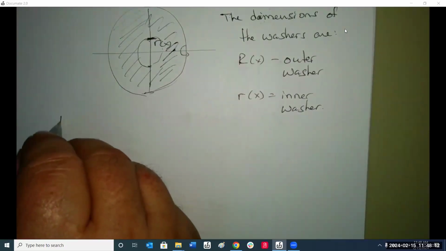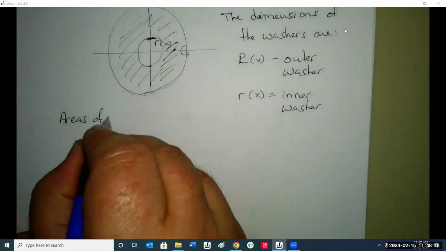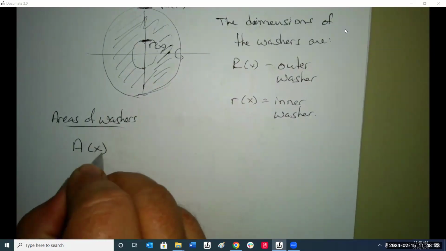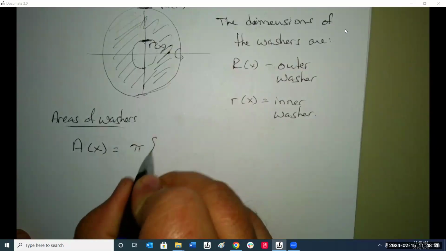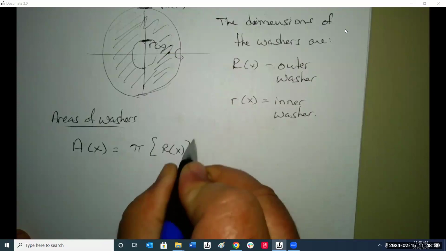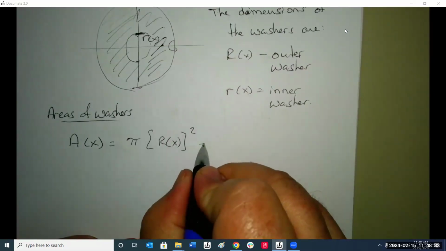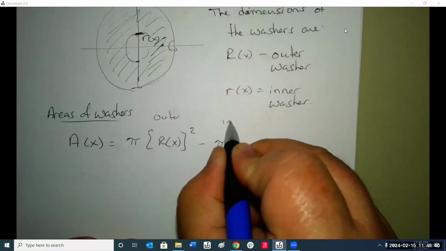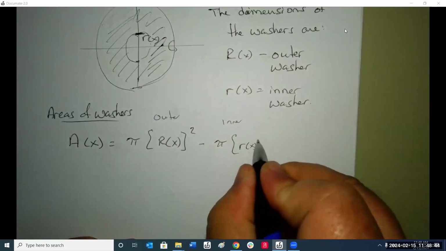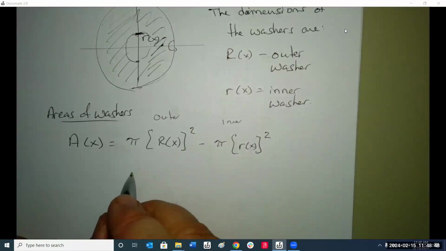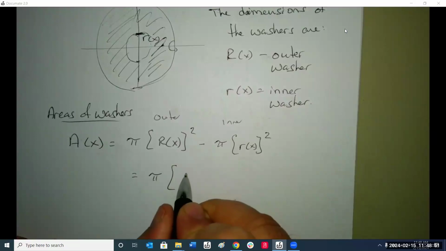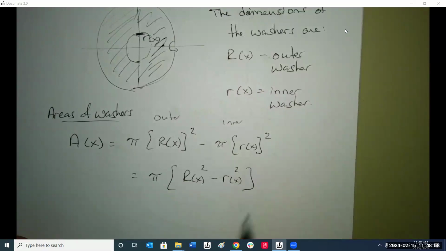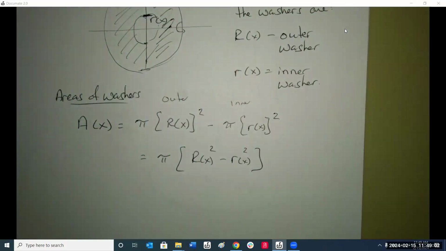So let's look here. Areas of washers. The area of a washer is pi times the outer radius R of x squared minus the inner, r of x squared. This is the washer method.